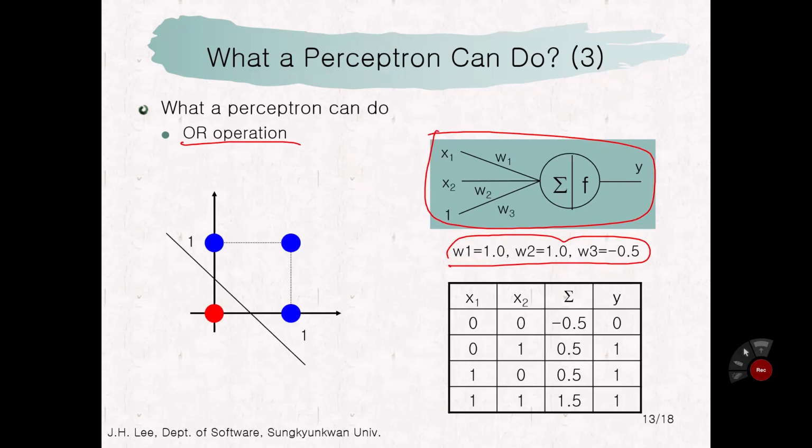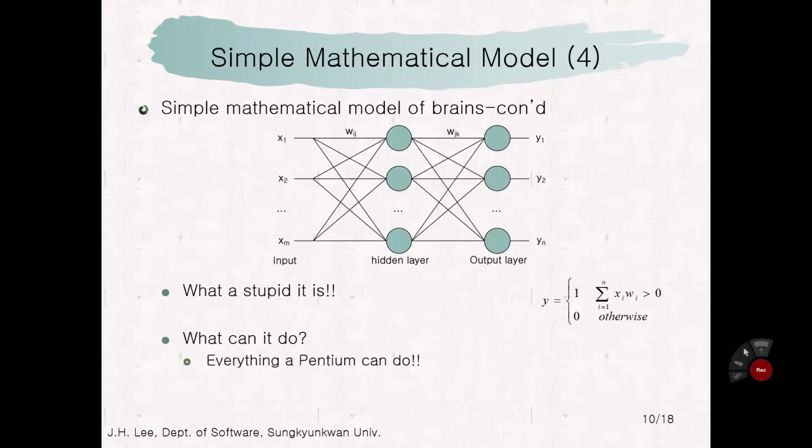Okay, so now let's go back to the neural networks. There is a neuron, one neuron here, and here is another neuron, and then here are other neurons like this.